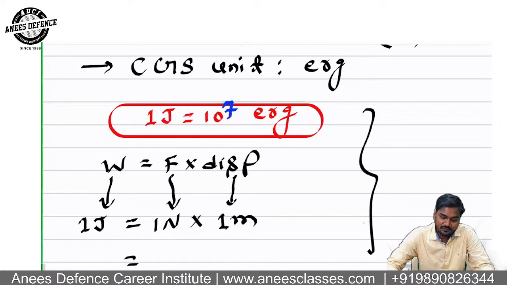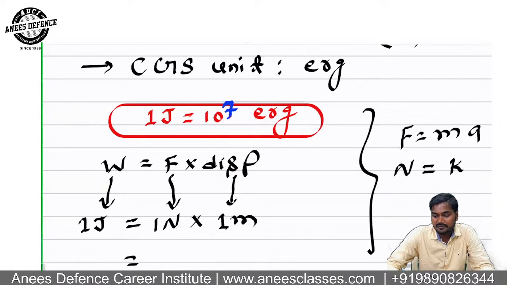You can simplify: force is equal to M into A, means Newton can be written as kg into meter per second square.